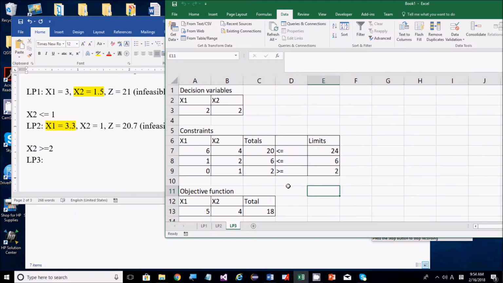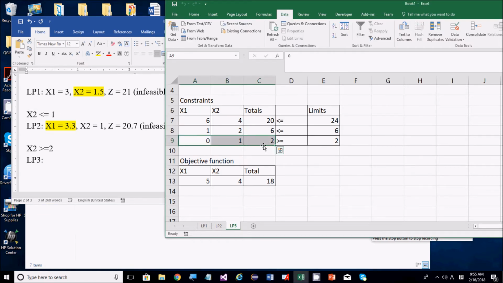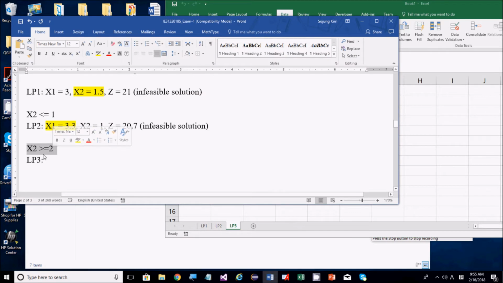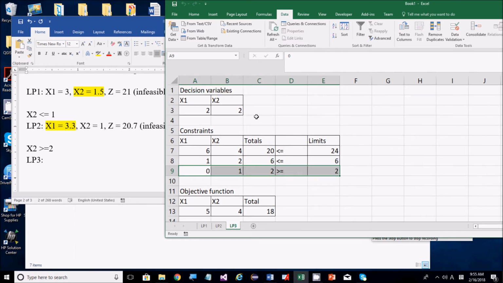However, LP3, instead of this constraint, has this constraint: x2 is greater than or equal to 2. Just be careful about this inequality. The third constraint has a different inequality.